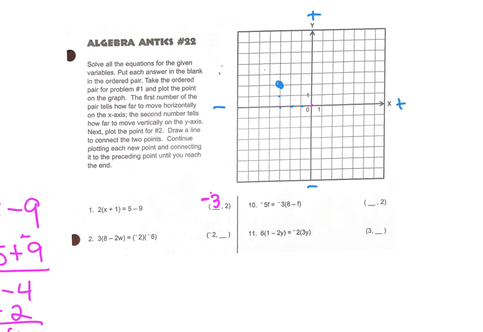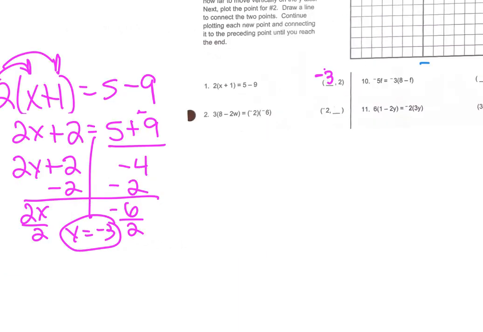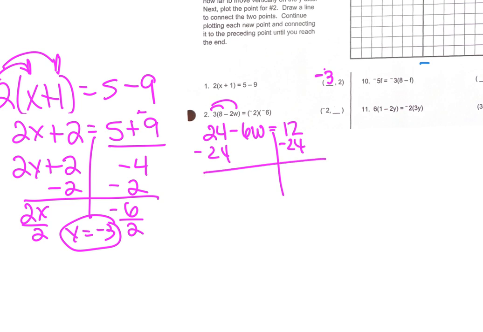Now we're going to go to question number 2. For question 2, we have some distributive property again on the left, so that becomes 24 minus 6w equals a negative times a negative would be a positive 2 times 6, which is 12. Nothing needs to be combined, so we would subtract 24 to get the w term by itself.